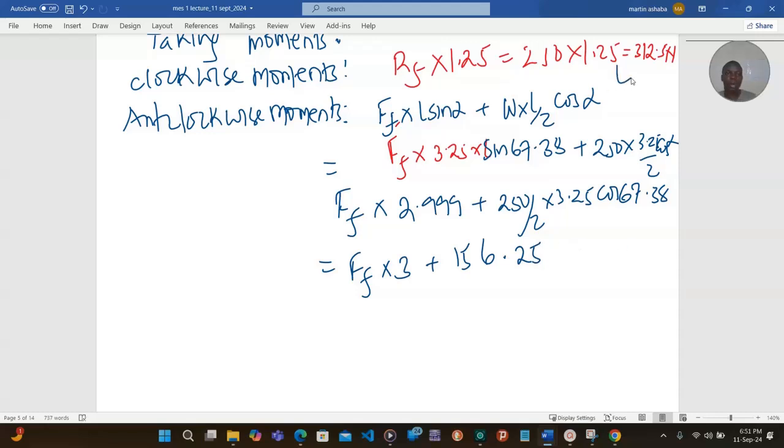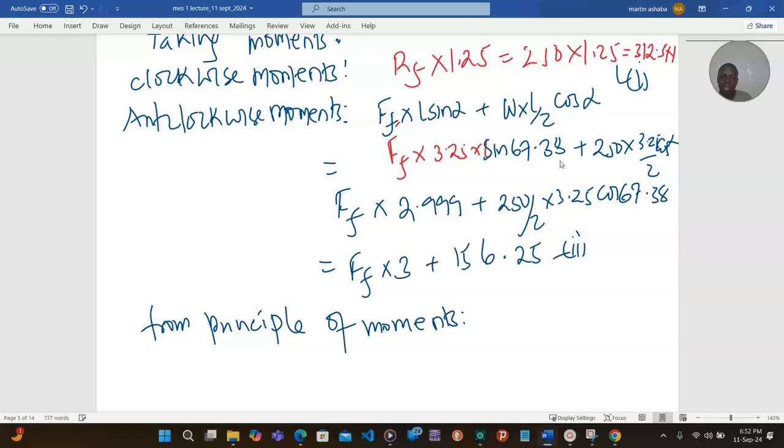Remember, this was equation 1, and this is equation 2, from the principle of moments. Then 312.5 should equal 156.25 plus 3Ff. So what will be Ff?